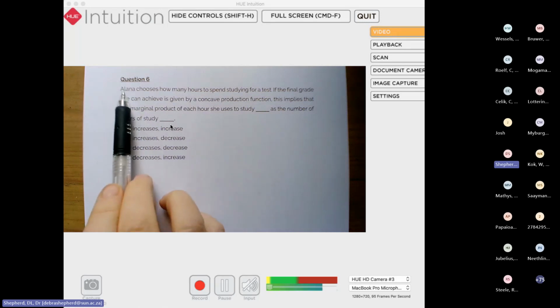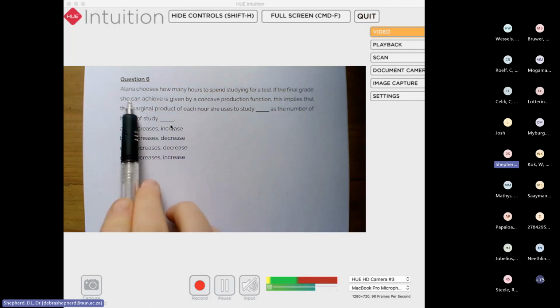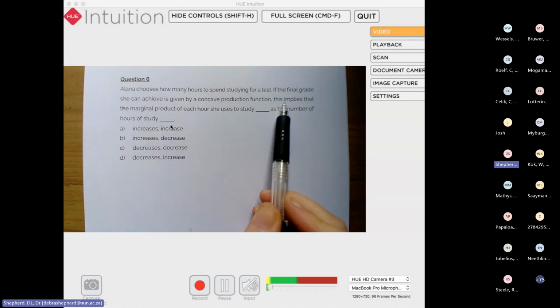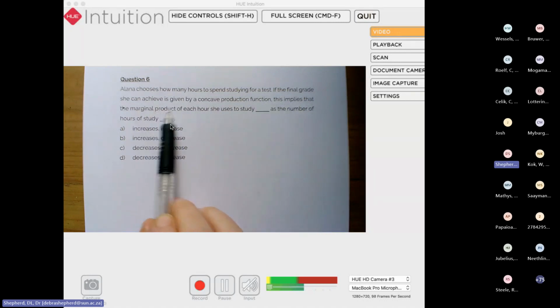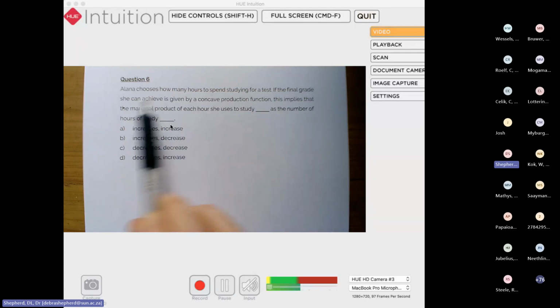So question 6 says, Alana chooses how many hours to spend studying for a test. If the final grade she can achieve is given by a concave production function, this implies that the marginal product of each hour she uses to study what as the number of hours of study what.